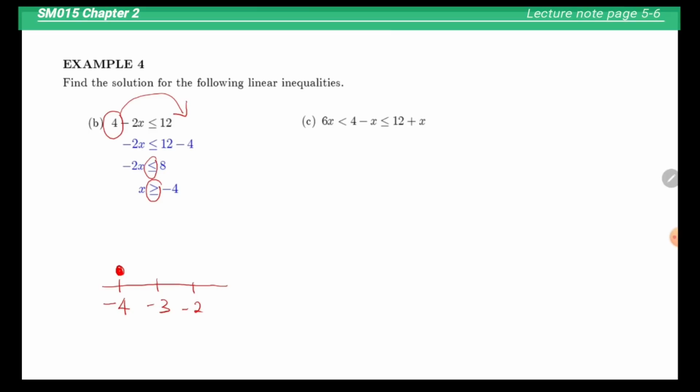And then, if it is greater than, the arrow will shift to the right. The region that we need to consider is now all the right hand side towards positive infinity. So the answer will be from negative 4 towards positive infinity, with closed for negative 4 and open for infinity.